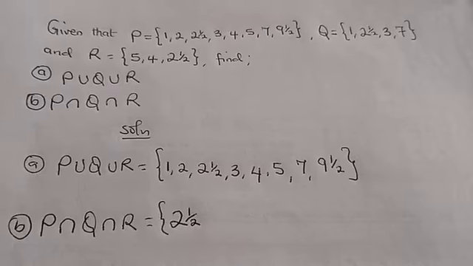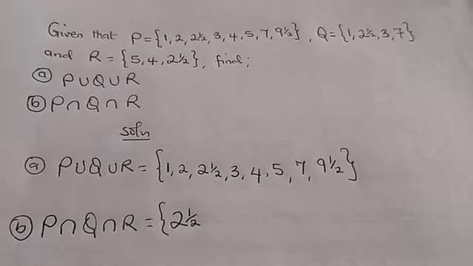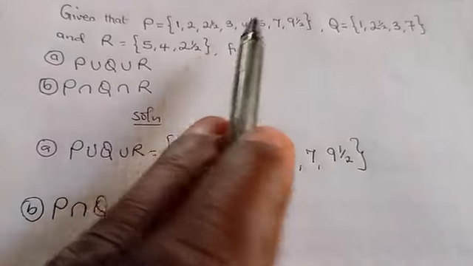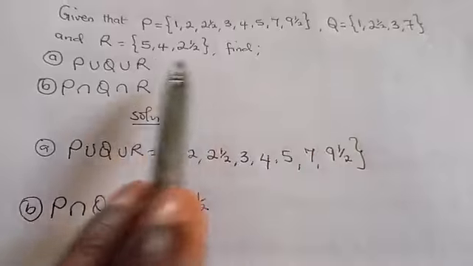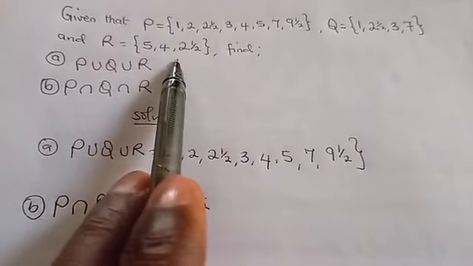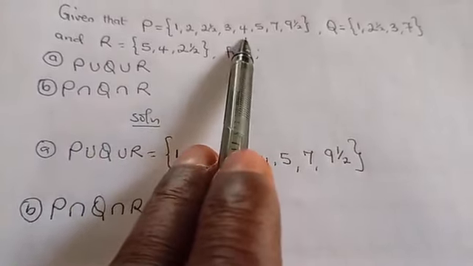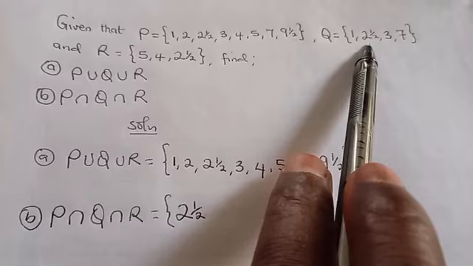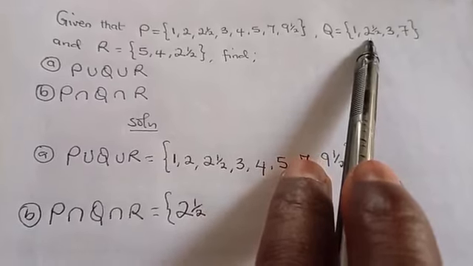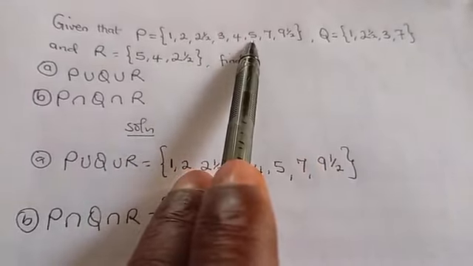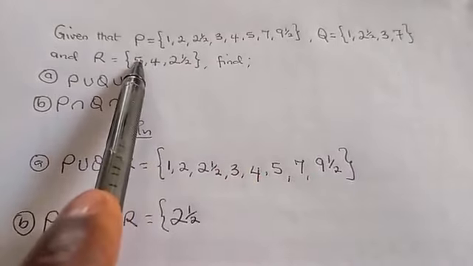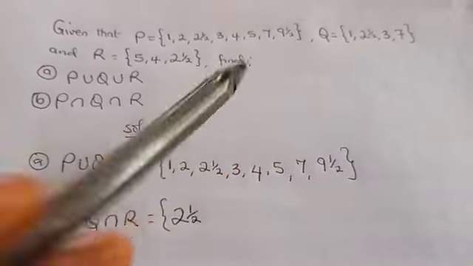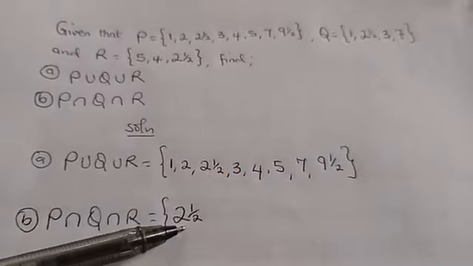And obviously, that's the only element that is common to the 3 sets, because when you see 3 here in set P, you have 3 here in set Q, but there's no 3 in set R. There is 4 in set P, there is 4 in set R, but there's no 4 in set Q. Also, we have 5 in set P, we have 5 in set R, but there's no 5 in set Q. So that is not an element to be listed here.